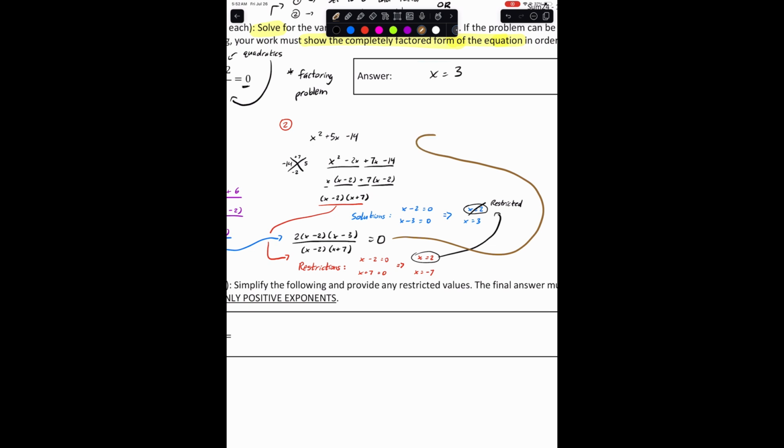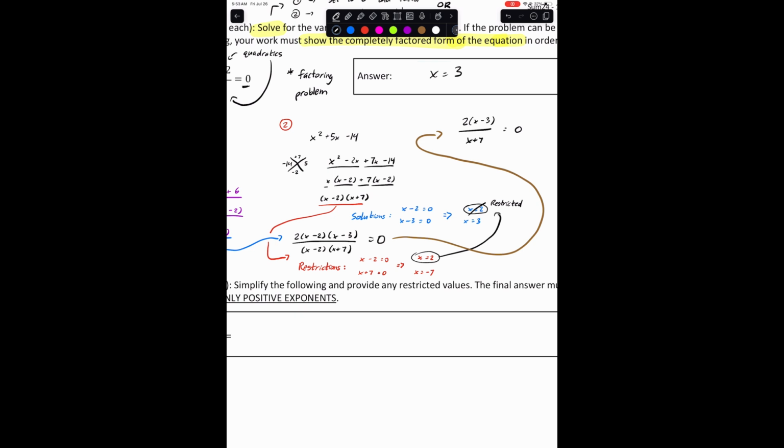So with this, right? You know that the x minus 2 is on top and bottom. So my fully factored form is actually 2 times x minus 3 over x plus 7 equals 0. That would be your fully factored version, I believe, because you would like to cancel out the top and bottom terms.